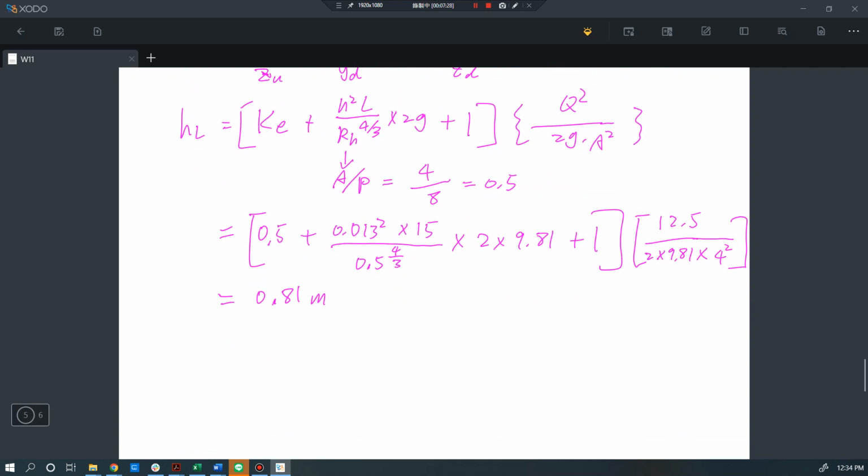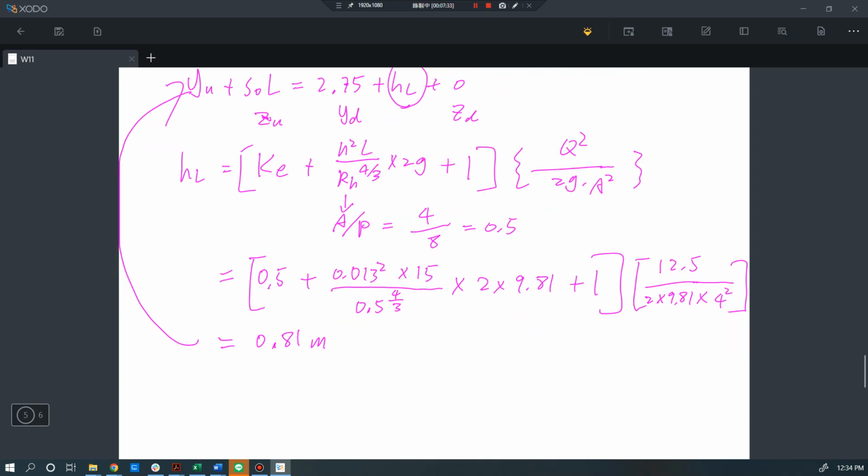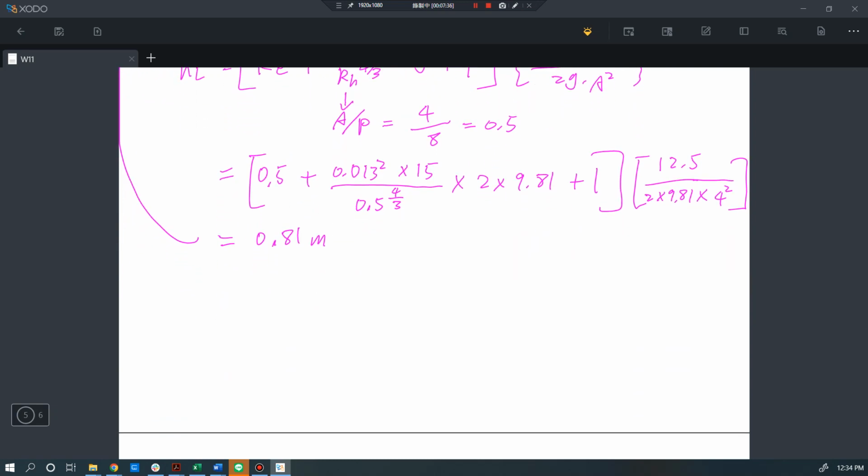So we calculated the head losses, then we plug these head losses back into this equation. Let me rewrite it here. YU, the value we're trying to solve, plus this term, equals 2.75 plus the head losses, and the head losses here are 0.81.